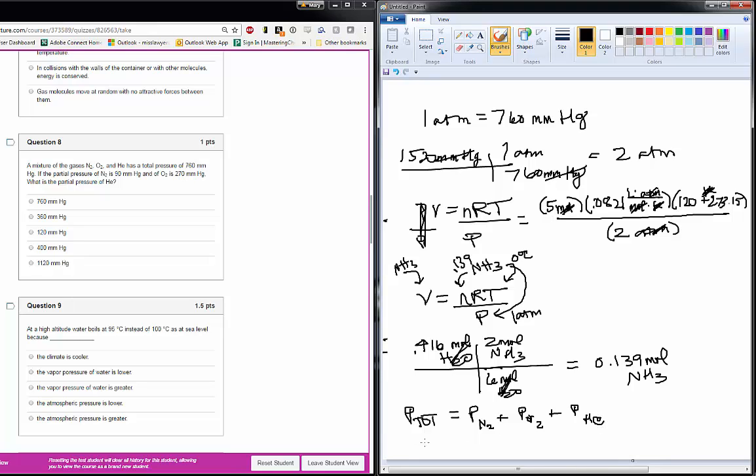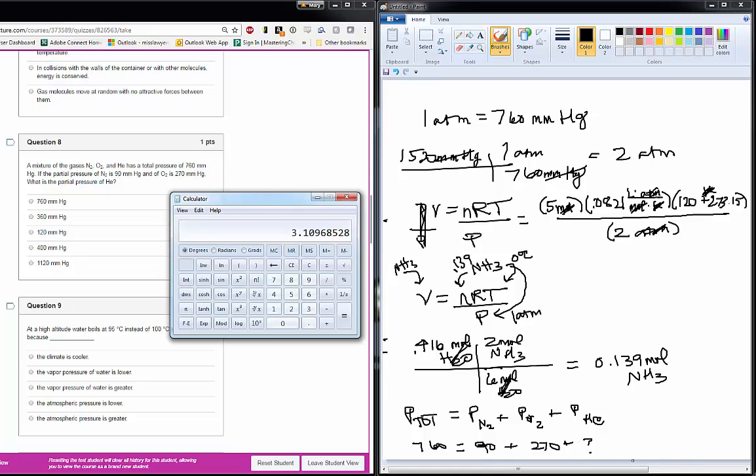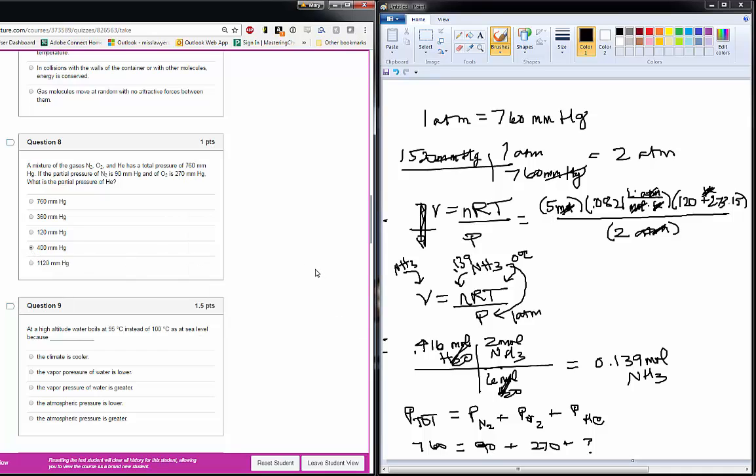They tell us the total pressure is 760, and they tell us the pressure from the nitrogen is 90, and the pressure from the oxygen is 270, and they want to know what the helium is. I can do that. It's going to be 760 millimeters mercury minus 90 millimeters mercury minus 270 millimeters mercury, which means the remaining 400 millimeters mercury worth of pressure must have come from the helium.